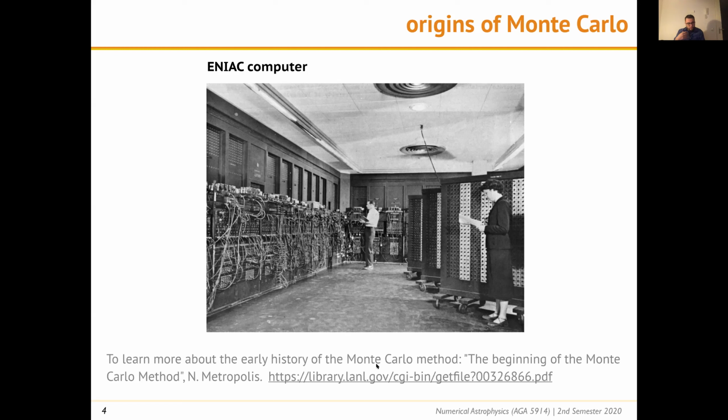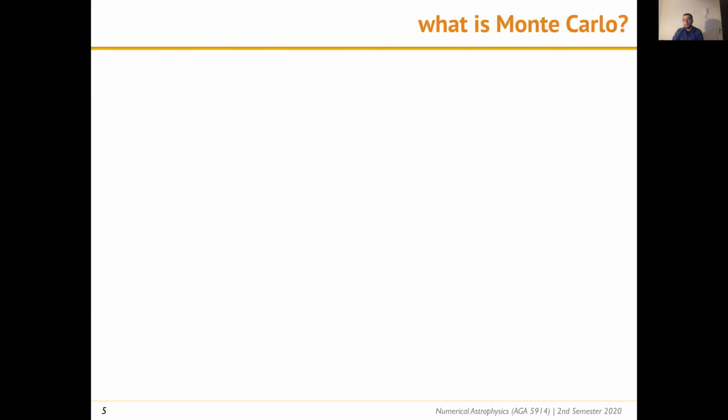So it was much more complex, with no memory and so on. But it was successful in doing Ulam's calculation and also some calculations for the hydrogen bomb. Okay, let's move on. If you're interested, read about it somewhere else, because I don't know all the details, but it's an interesting story.